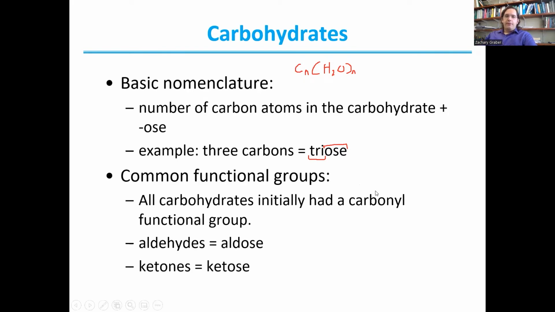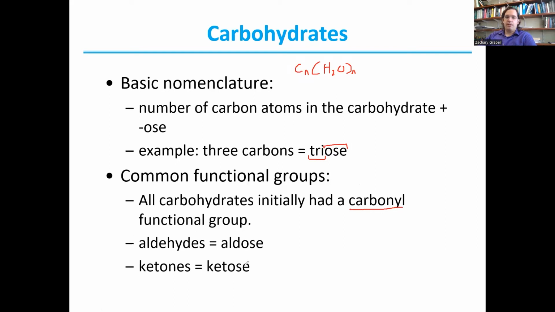The other key thing that we need to indicate with our carbohydrate names is what kinds of functional groups we have. So even though we always have the CnH2nOn formula, we will have a little bit of variety in terms of what functional groups we have. So what we'll see is a lot of alcohols, but then we'll also see some carbonyl functional groups as well.